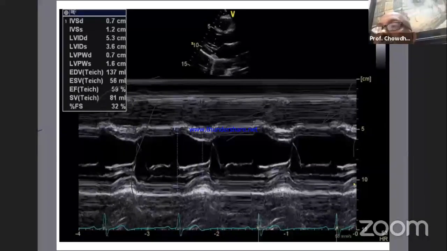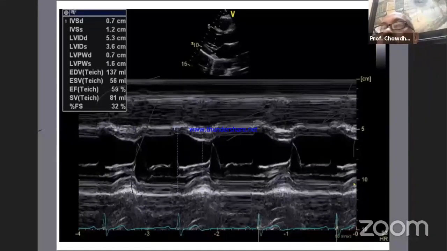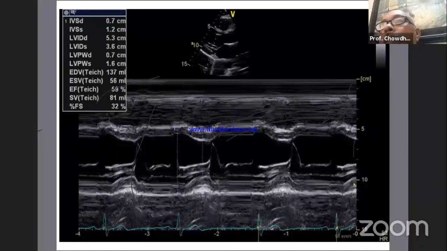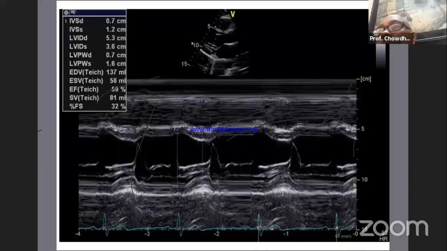At a time it touches the tip, at a time it touches the chordae tendineae. And the major point is to put the cursor perpendicular to the interventricular septum. And this is the ideal picture again from our laboratory. We can see that we could delineate the inner border and the outer border.